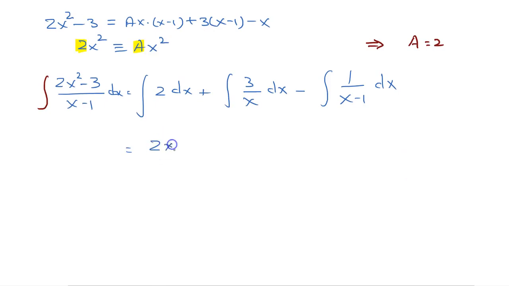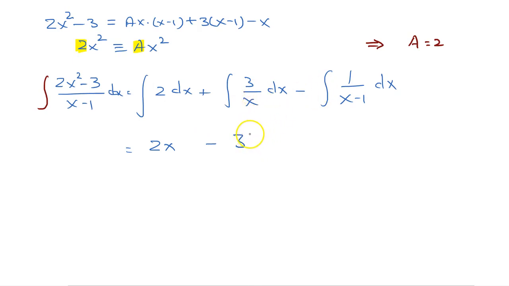So this is 2x, and there is 3 over x, so it will be 3 times 1 over x.